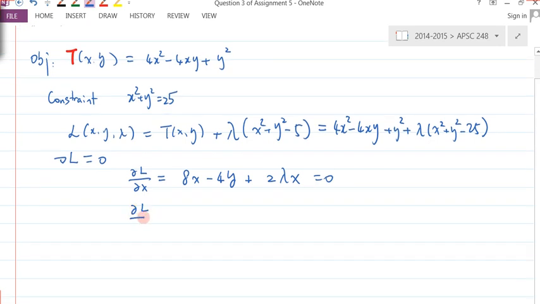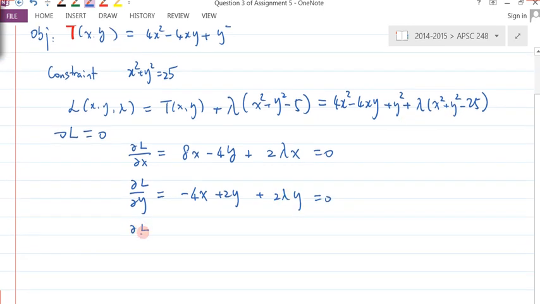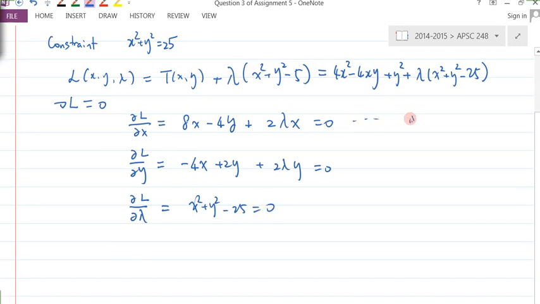Partial L over partial y is negative 4x plus 2y plus 2 lambda y, equal to 0. And partial L over partial lambda gives us the constraint, equal to 0. So 3 equations, 3 unknowns, and we're trying to solve.